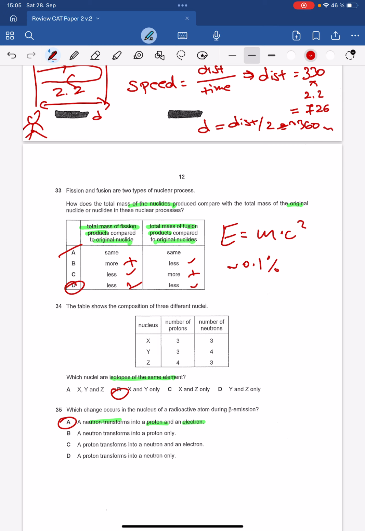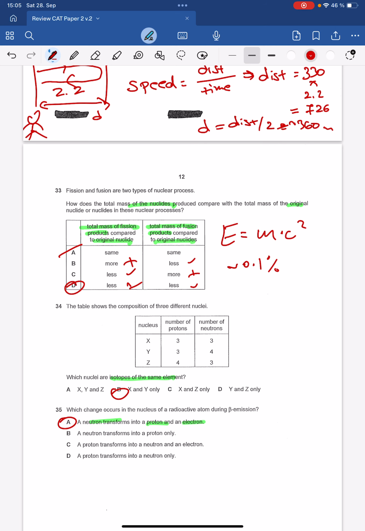Now, what we discussed in class, the difference between fission and fusion, the reactants and the products, is that after the reaction, the mass of those new products is going to be slightly less, even 0.1% less, than the original nuclides that combined for fusion or fission.